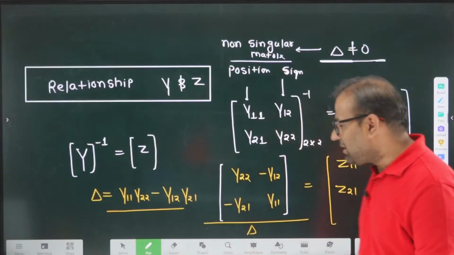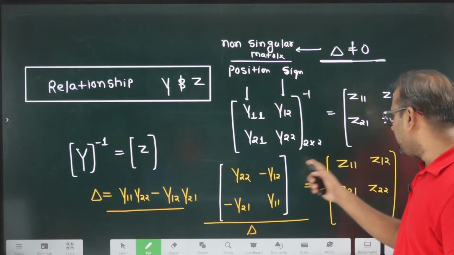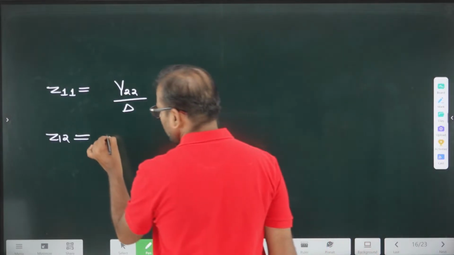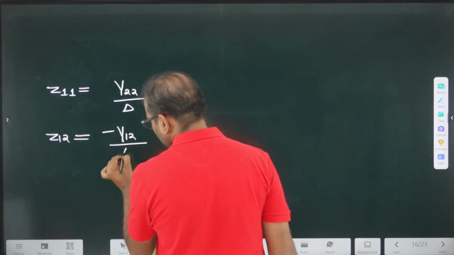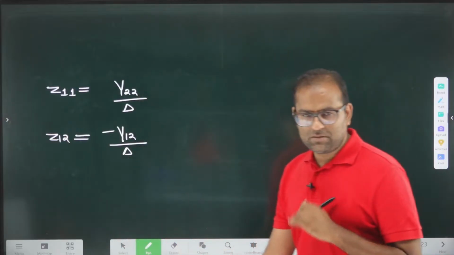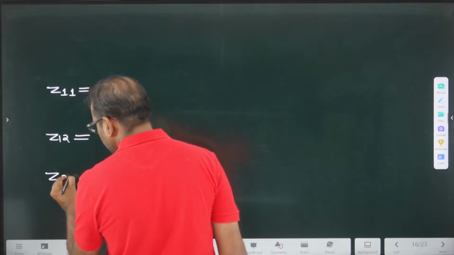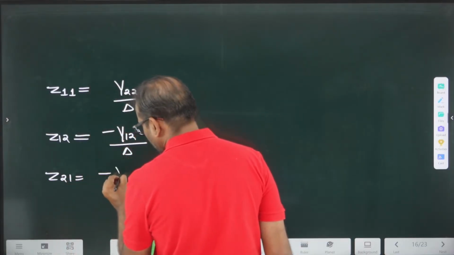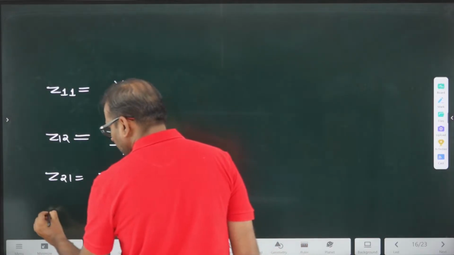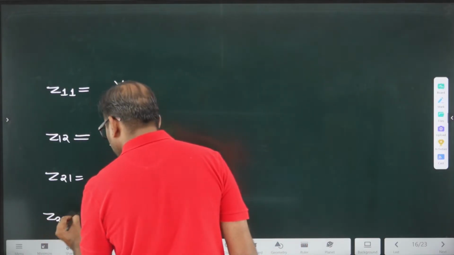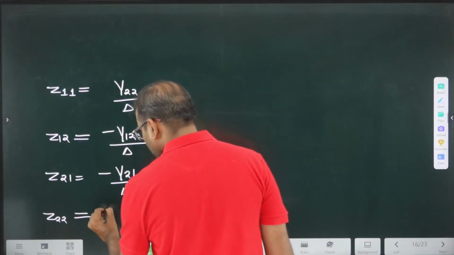Z12 value is minus Y12 divided by del. Determinant, non-zero determinant. And what is the value of Z21? Z21 is minus Y21 divided by del. And what is Z22? Z22 can be given by Y11 divided by del.